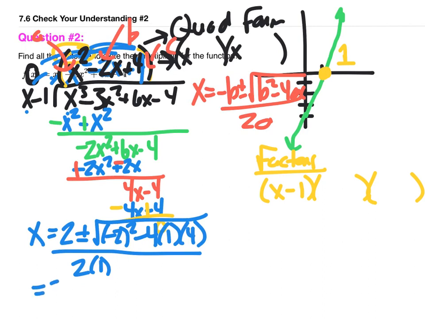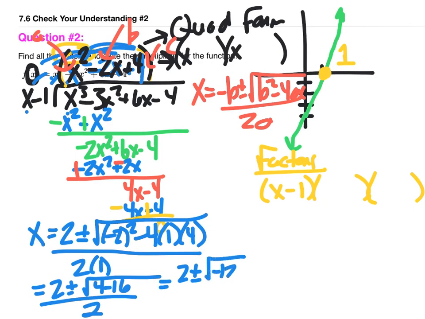This is going to become 2 plus or minus the square root of 4 minus 16, all over 2. That is going to be 2 plus or minus the square root of negative 12, all over 2. That then is going to become an imaginary.